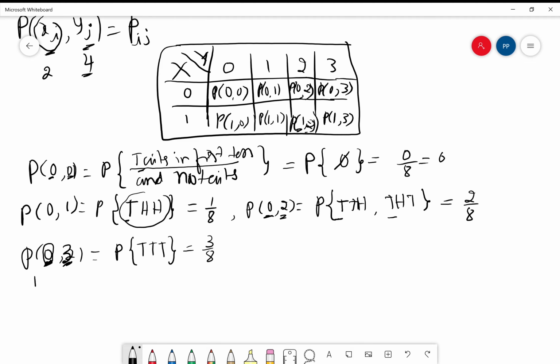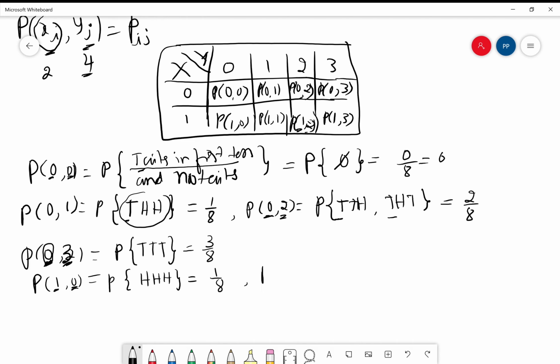Now P of 1 comma 0 equals the probability that x takes the value 1, that is heads in the first toss, and no tails, that is HHH. This outcome satisfies both the conditions. So the probability of this is 1 by 8.